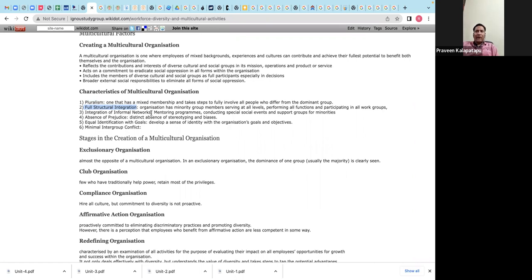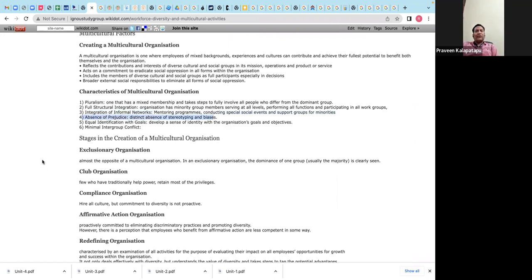You should have these diverse or multicultural people functioning at all levels. Second is integration of informal networks. So not only the official structures, even your informal structures, like social events or mentoring programs or whatever else you do apart from the official structures, even that is well integrated, right?